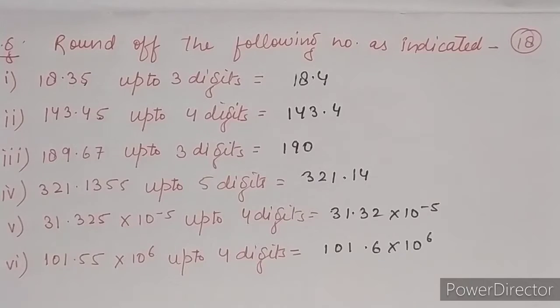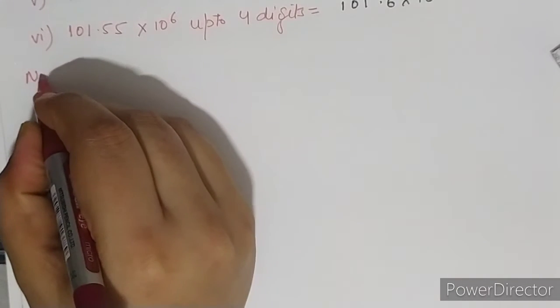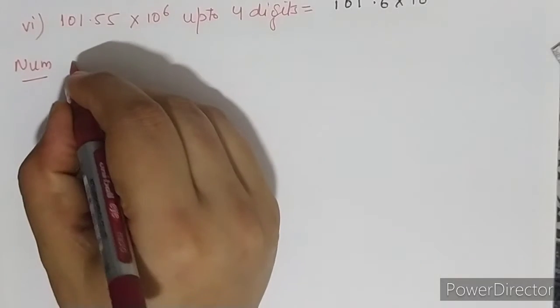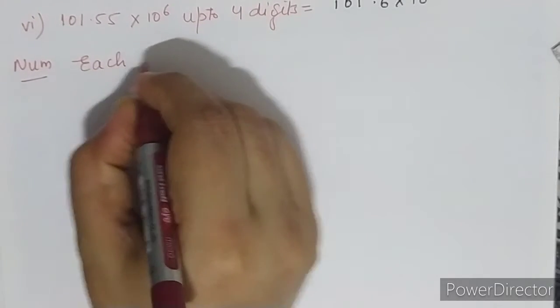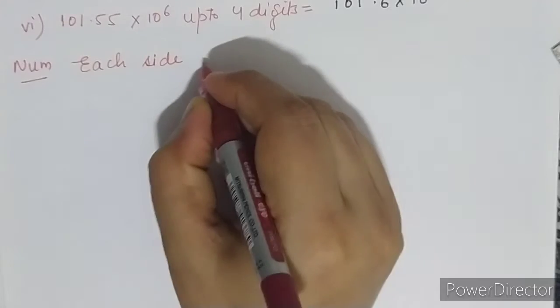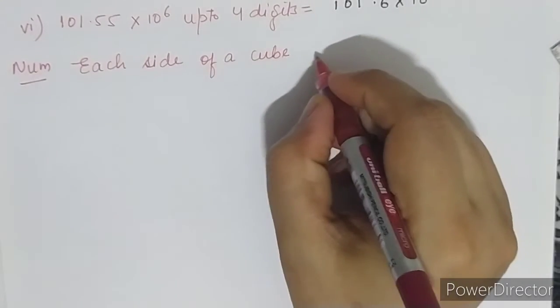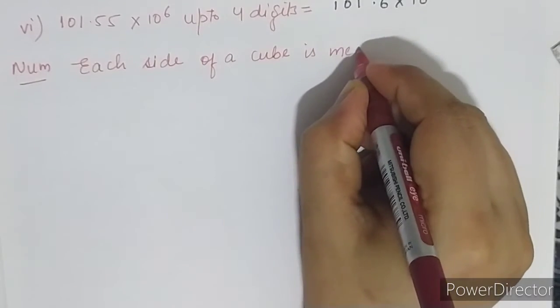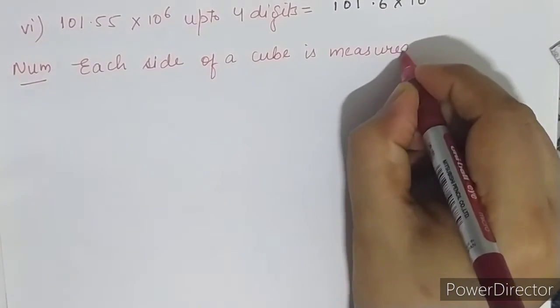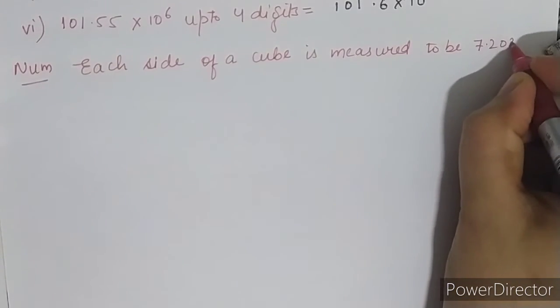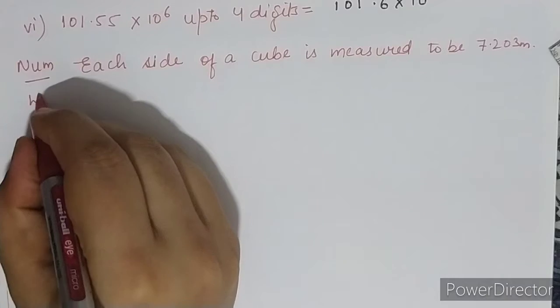The next question is numerical: each side of a cube is measured to be 7.203 meter.